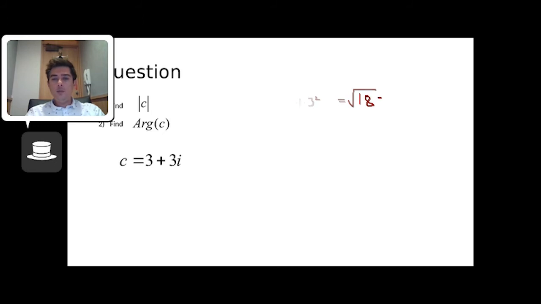We can do a little bit of simplification there, because 18 is 2 times 9, and under the square root that gives 3 times the square root of 2. Okay, so that's equal to the modulus. The argument of c, in this case, we do the arctangent, or inverse tangent, of b divided by a.